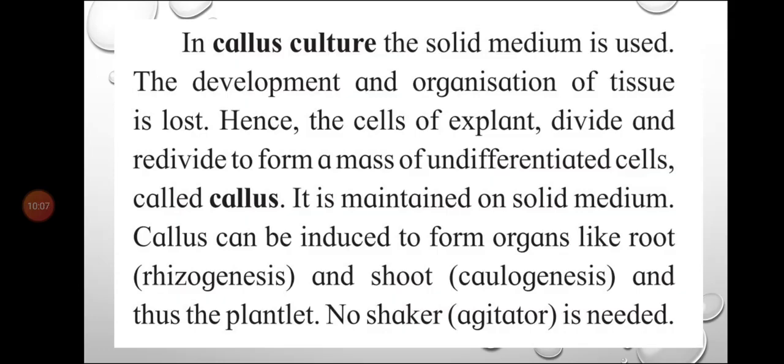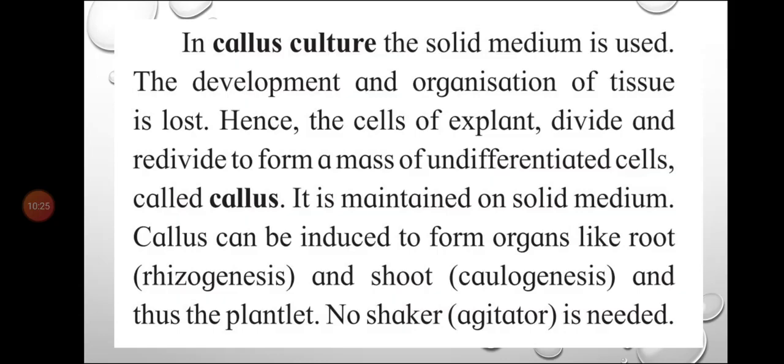So what is happening? The cells of the explant divide and redivide, and grow into an unorganized mass of cells, and that unorganized mass of cells is called callus. It is maintained on a solid medium.